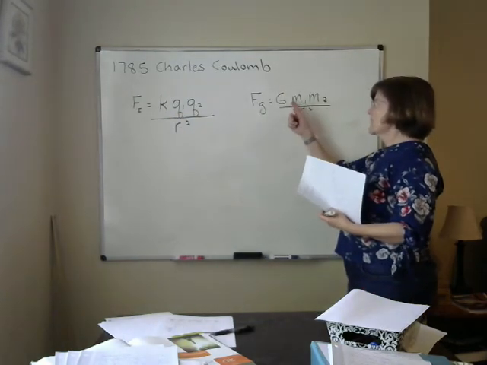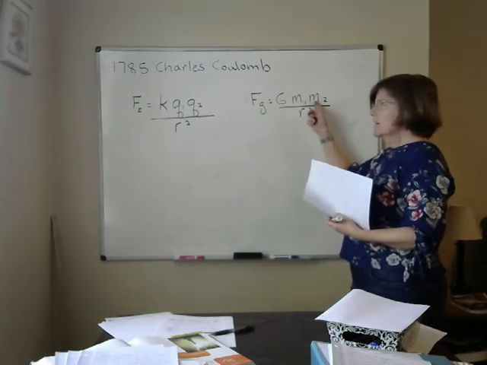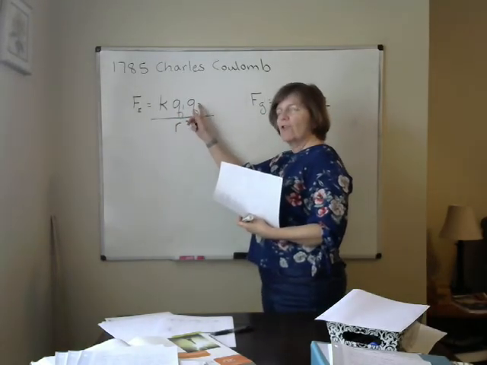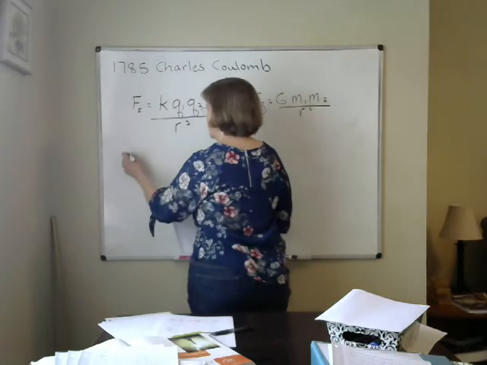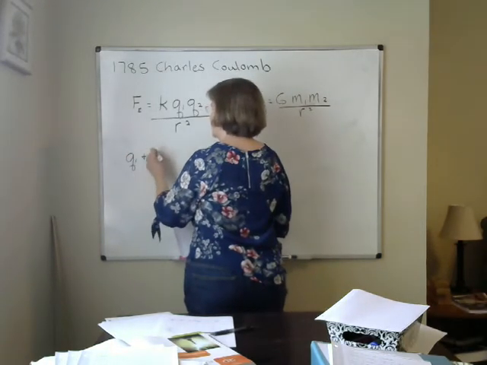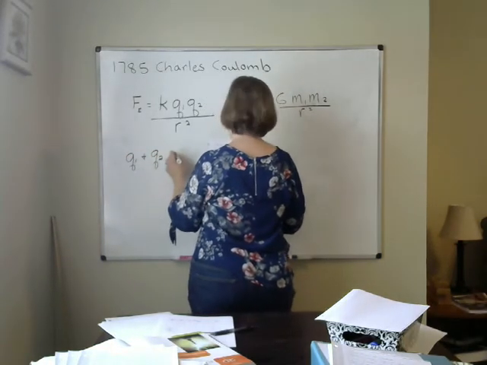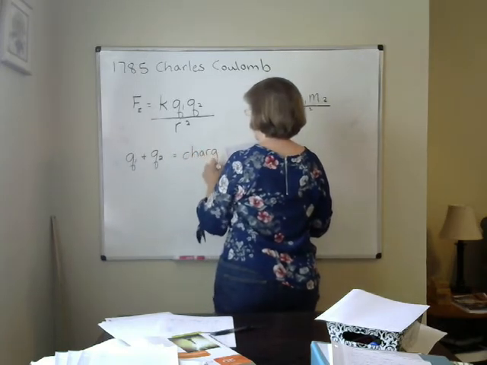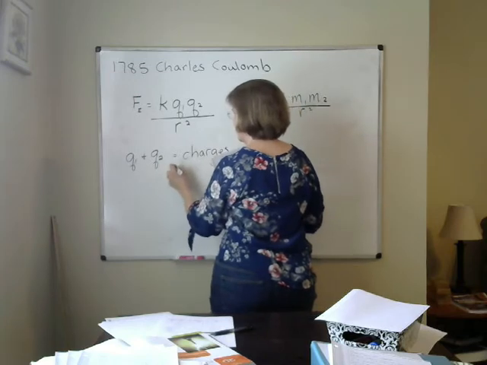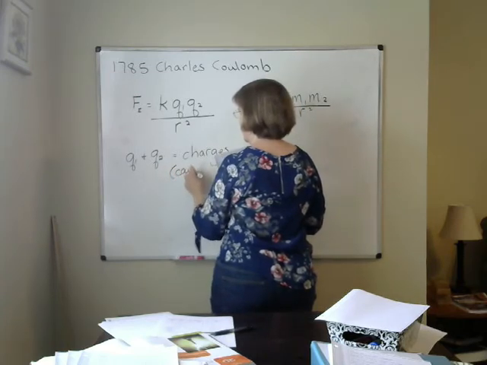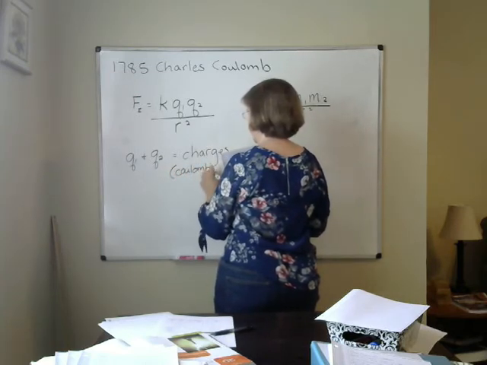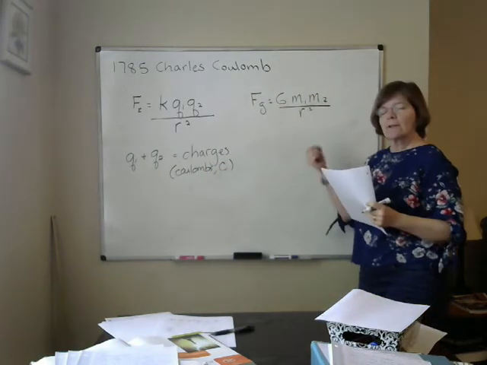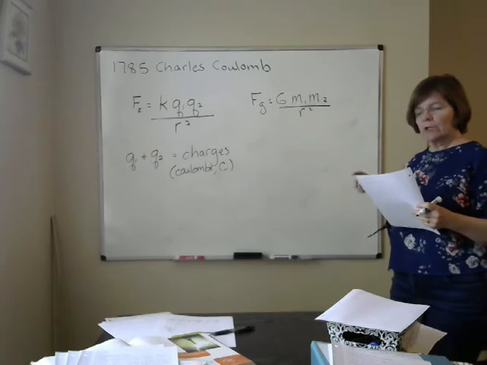Gravitational forces depend on the size of the masses. Electrostatic forces depend on the size of the charges. Q1 and Q2 are the charges. And we measure those in a unit called a Coulomb, which is represented with a capital C. So instead of having masses in kilograms, now we have charges measured in coulombs.